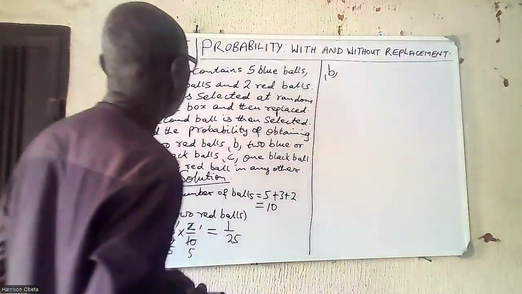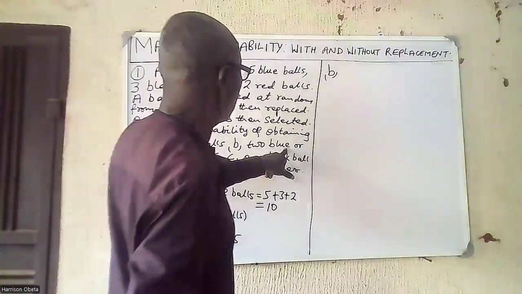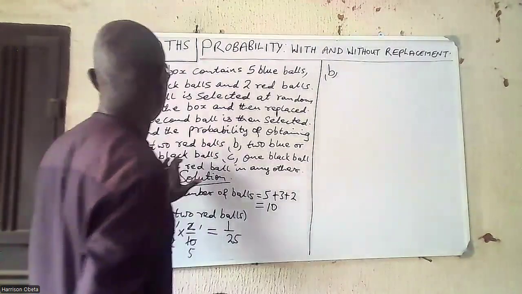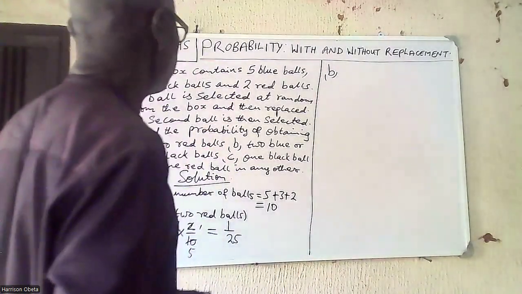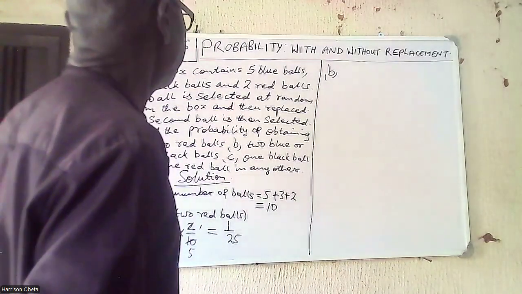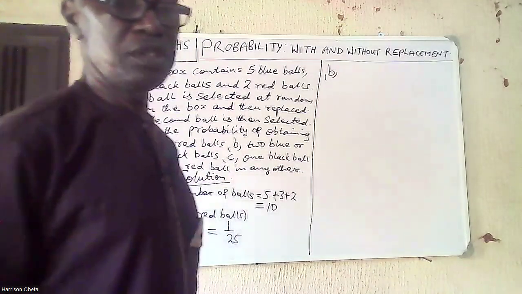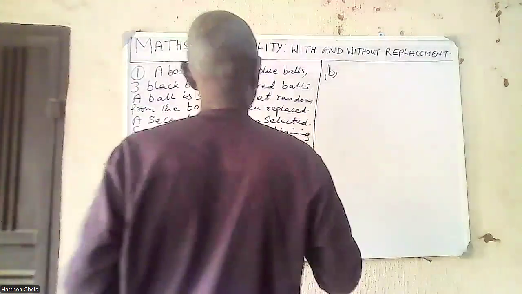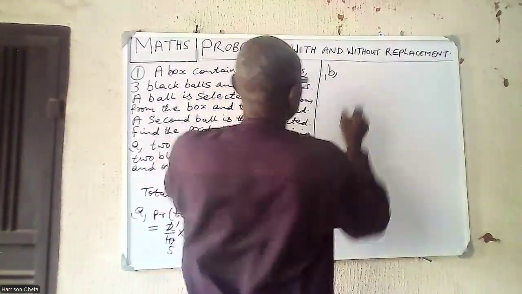And then B said we have to find the probability of picking 2 blue or 2 black balls. The first question is how many blue balls do we have? And in probability, or means addition. So how many blue do we have? We have 5.